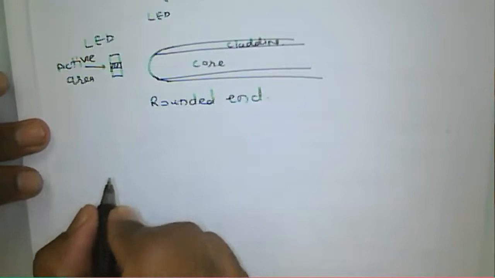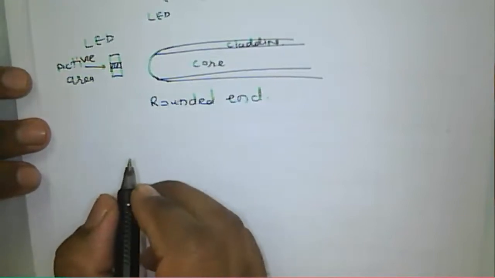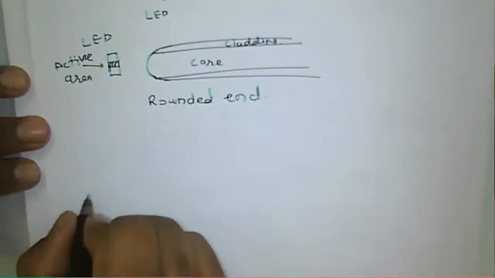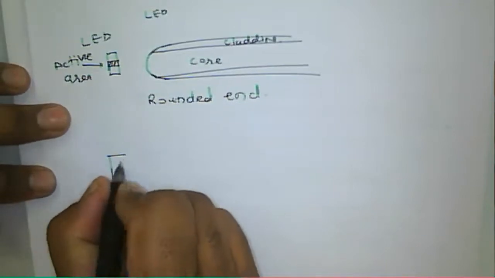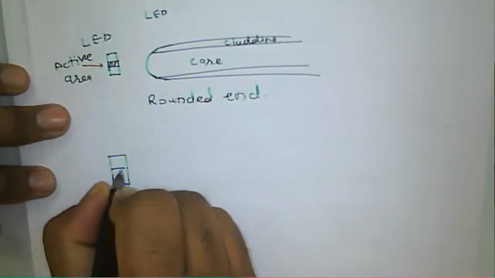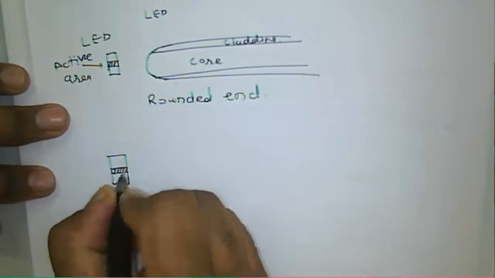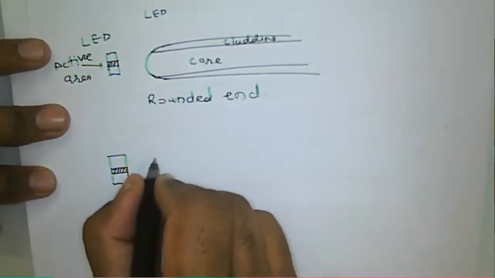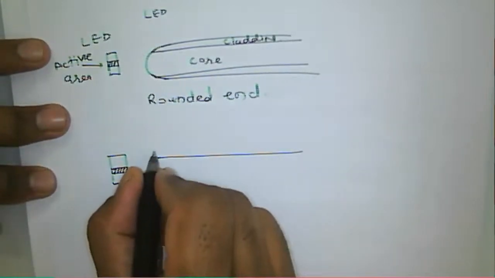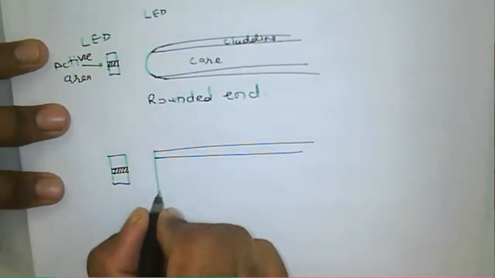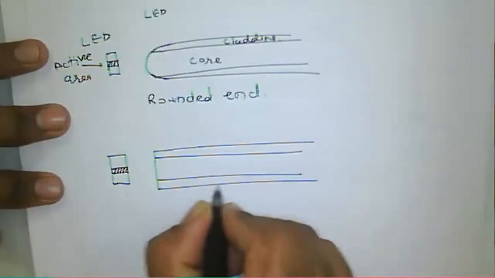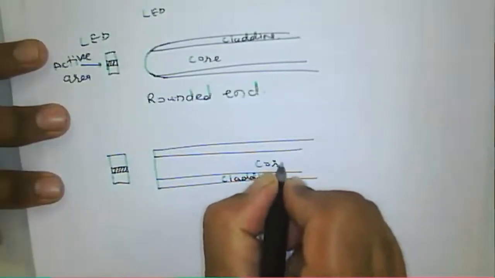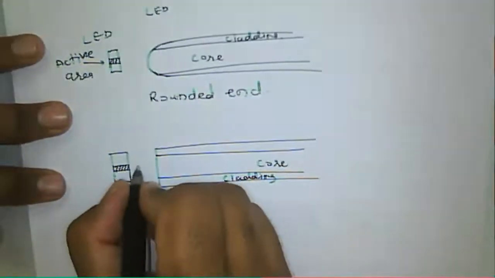Another one is about the non-imaging microsphere here. We have the LED, and this one is about the active region. Fiber we have. This one is about a cladding. This one is about a core.